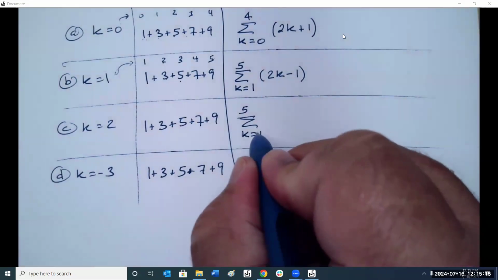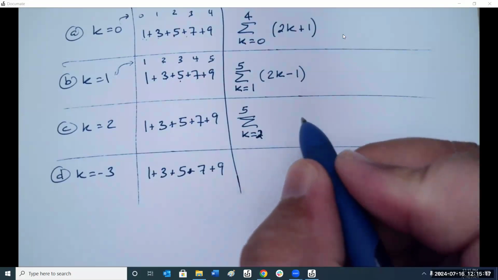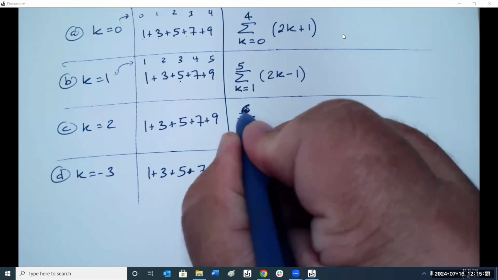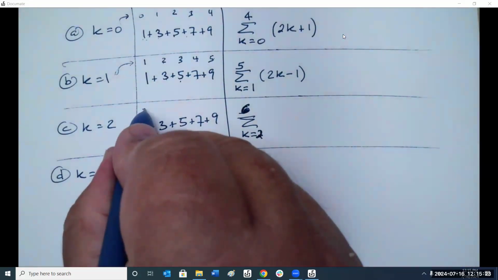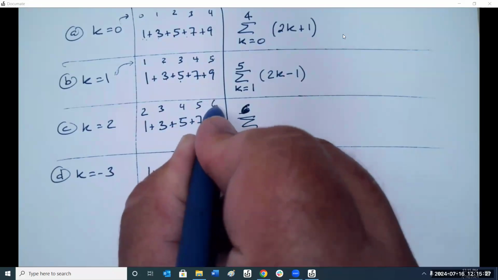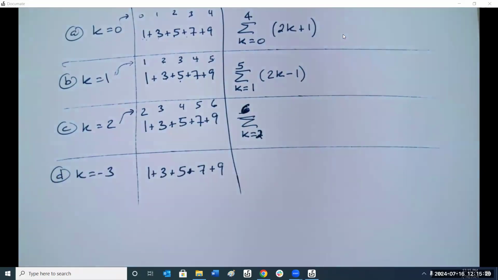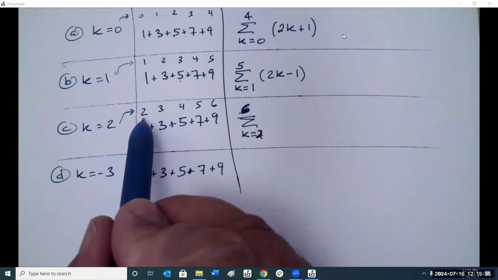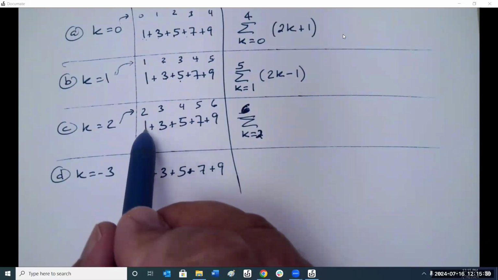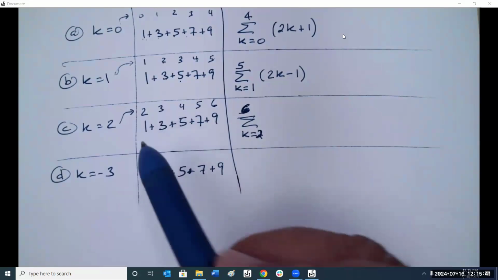This one starts off at 2. 2, 3, 4, 5, 6. So this one goes to 6. What equation, if this is our k, gives us 1 after it's said and done?